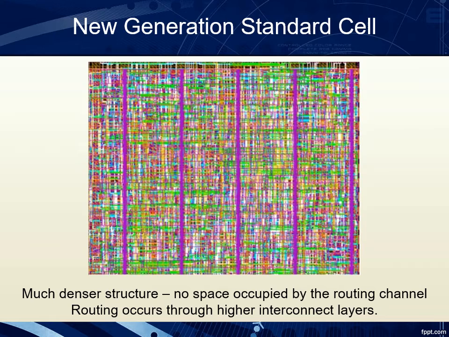Moreover, the route is not limited to the periphery of the cells, and rows are adjusted to one another. As a result, we now have a denser structure. This is also due to the fact that we can now have 11 layers of metal as compared to only 3 layers before.